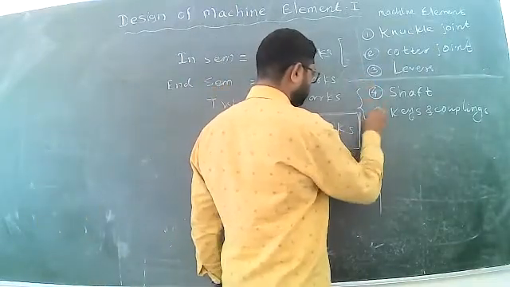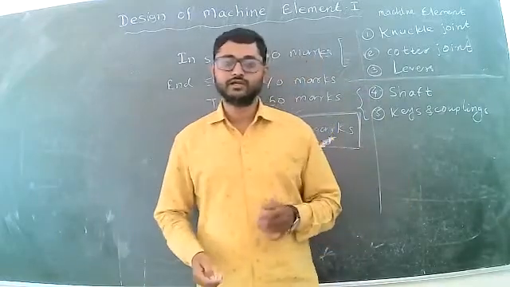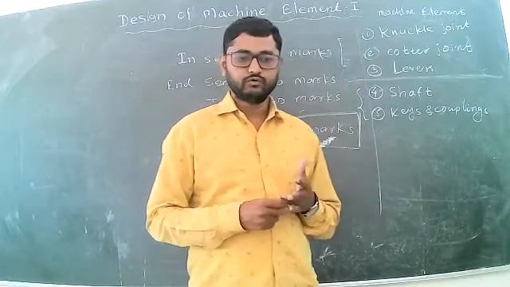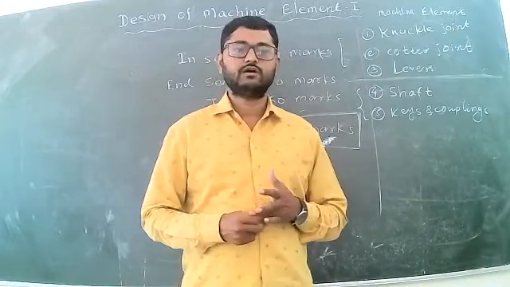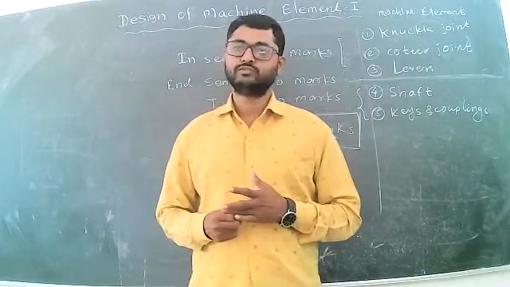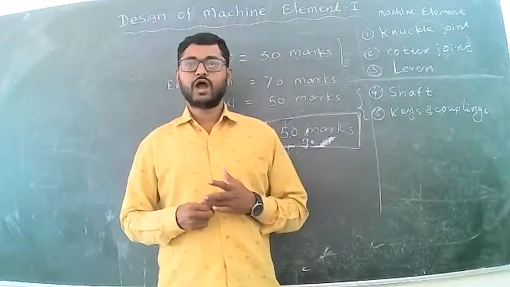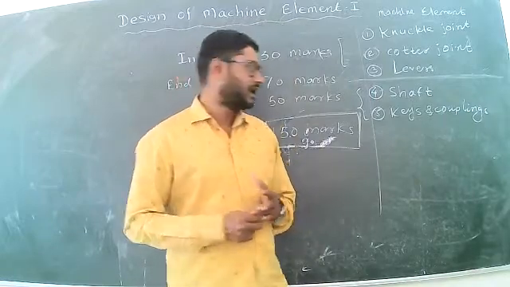Again, these are important machine elements, that is shaft, keys, and coupling. And we have to learn or design this shaft, keys, or coupling. That is from unit number 2. That is, unit number 2 is design of shaft, keys, and couplings.